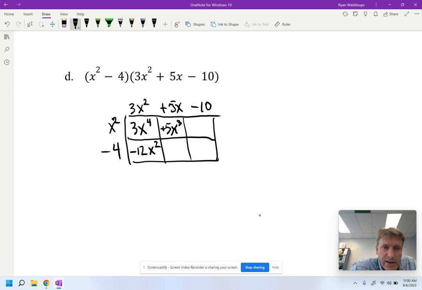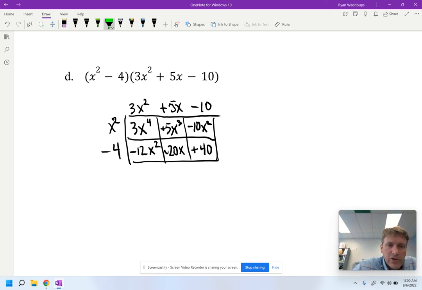And x squared times negative 10 would be negative 10x squared. And 5x times negative 4 is negative 20x. And negative 4 times negative 10, negative times negative is positive, so that'd be plus 40.